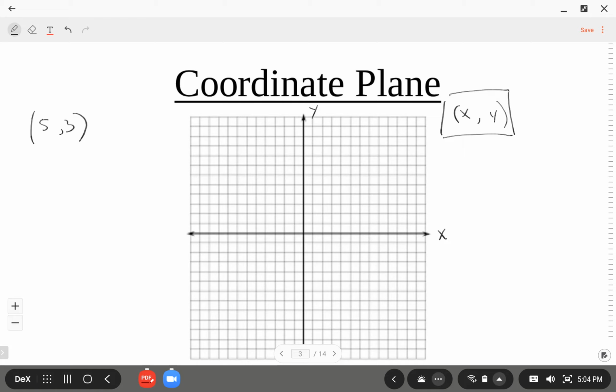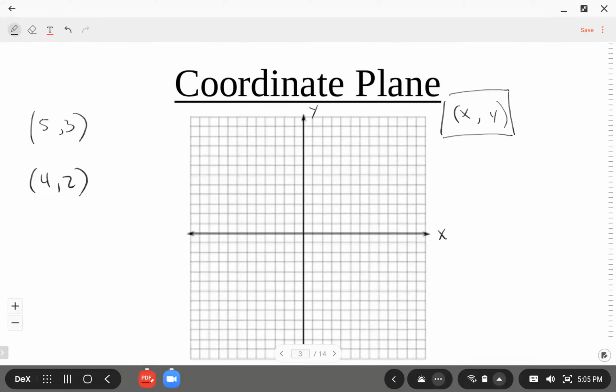So I'll give you a bit of time to do that. So let's do another warm-up one. I want to make sure that you know how to graph a point on the coordinate plane. So let's say graph (4, 2) on the coordinate plane.